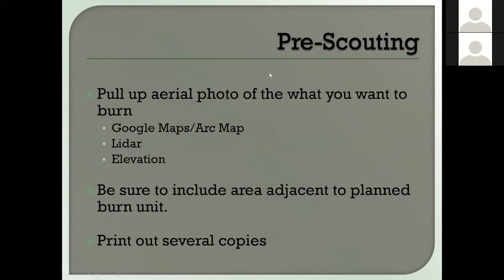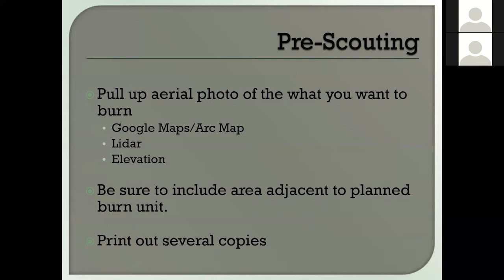So the first thing I do when I'm doing a pre-scout of a prescribed burn is I pull up an aerial photo of the burn. You can do this on Google Maps pretty easily, right? You just pull it up, look at the site. You can also use things like LiDAR and elevation, and we'll show examples of that in a little bit too.